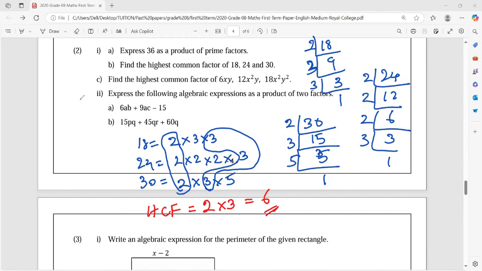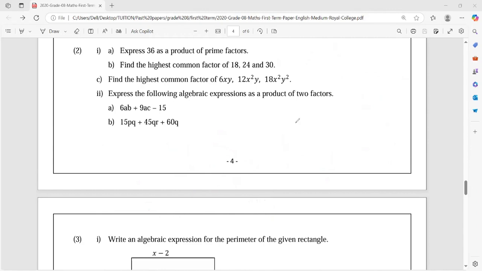And then you can apply the same method for this C. Let's write 6xy: 6 is equal to 2 into 3, because we have to break them down into prime factors, times x into y.